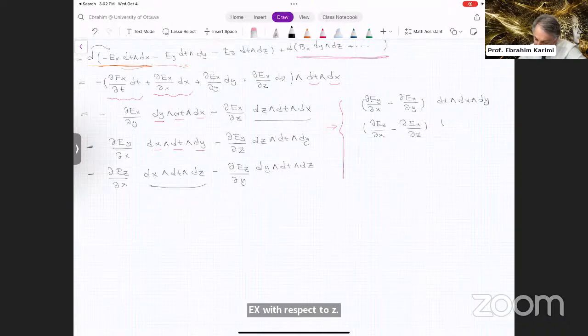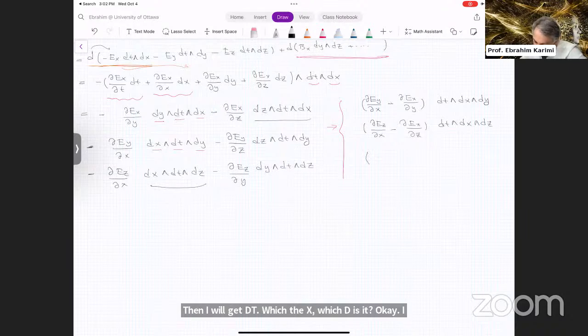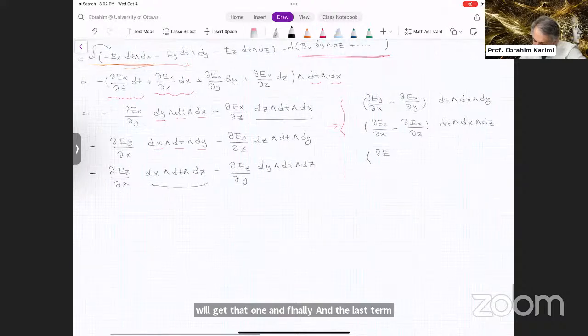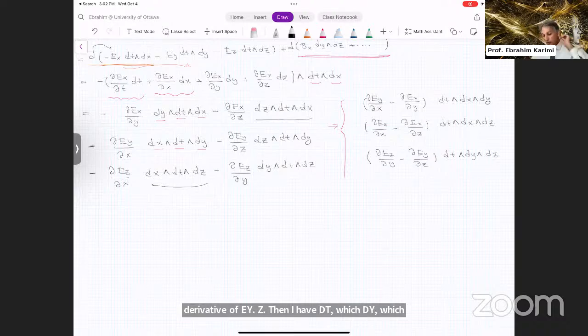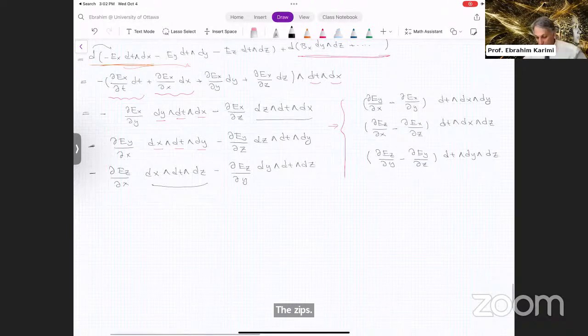Then I will get dt wedge dx wedge dz. And finally, the last term will be the derivative with respect to z of ey minus the derivative of ez with respect to y. Then I have dt wedge dy wedge dz. Okay, so this is all about the electric field.